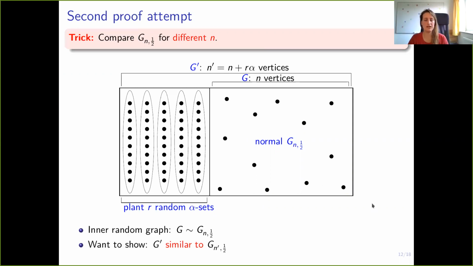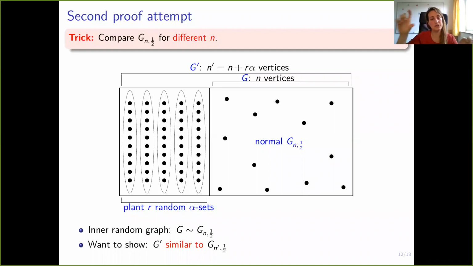Okay, so I want to have a G(n, 1/2) embedded into a random graph that is similar to G(n', 1/2). I'm going to say in a minute what I mean by similar. And the construction I have is, well, I'm just going to plant r random alpha sets into G(n', 1/2).